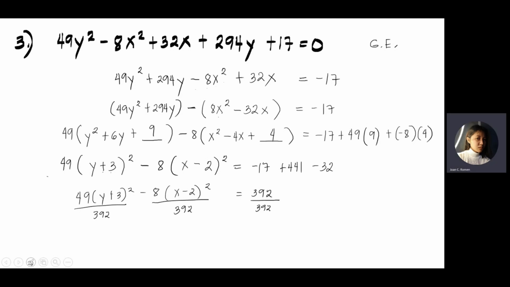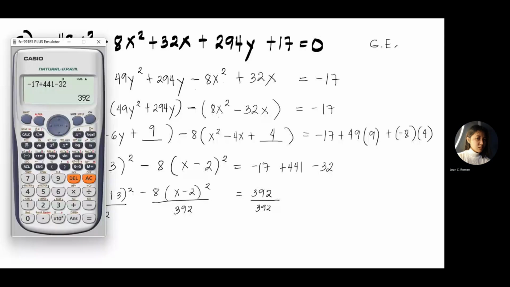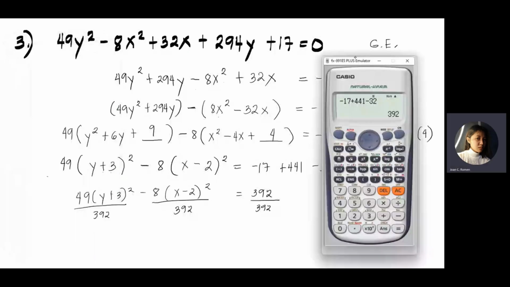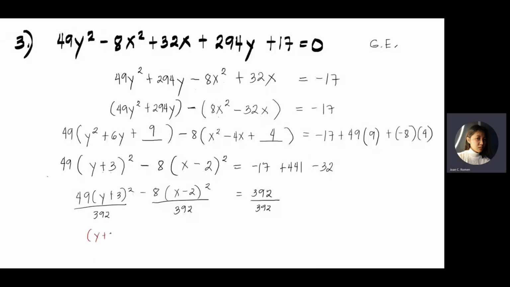Okay? So next is simplify 49 multiplied by the quantity y plus 3 squared over 392. So that is, okay, so 392 divided by 49 is equal to 8. Okay? So, ang matitira sa numerator natin is y plus 3 squared over 8. 392 divided by 8.